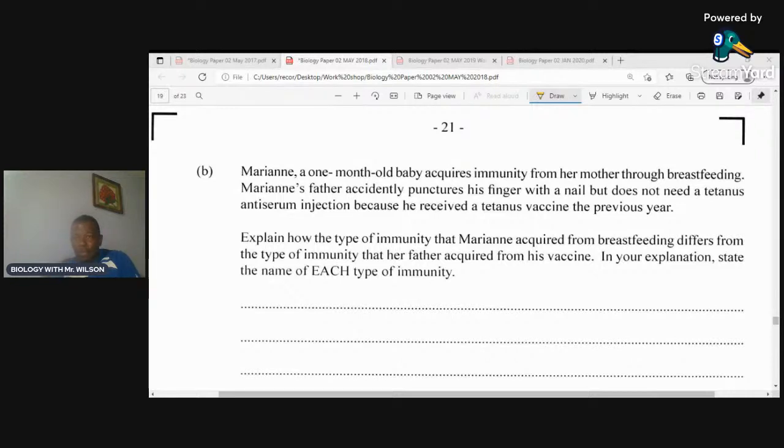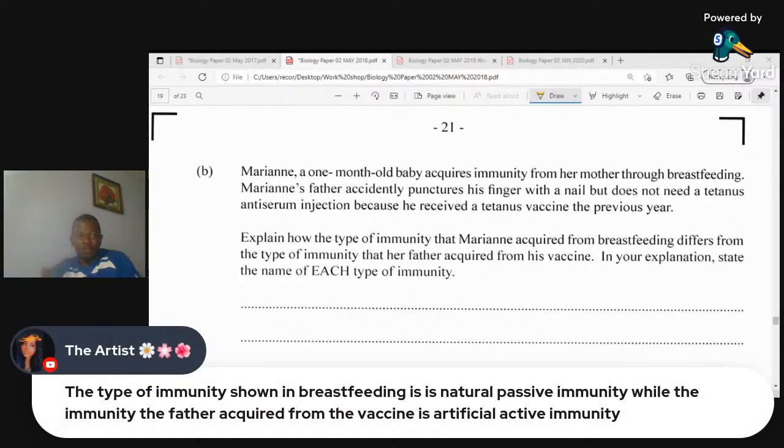The type of immunity shown in breastfeeding is natural passive immunity, while immunity to the father was acquired from vaccine, which is artificial active immunity. So it's pretty much an artificial, that's correct, artificial active immunity.